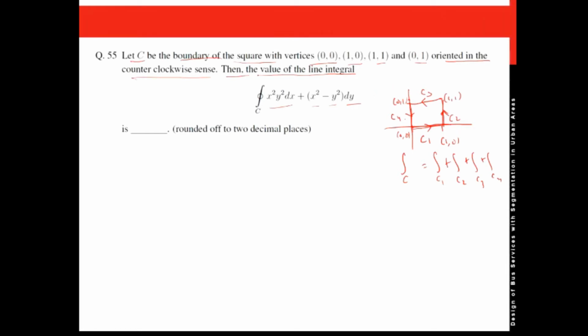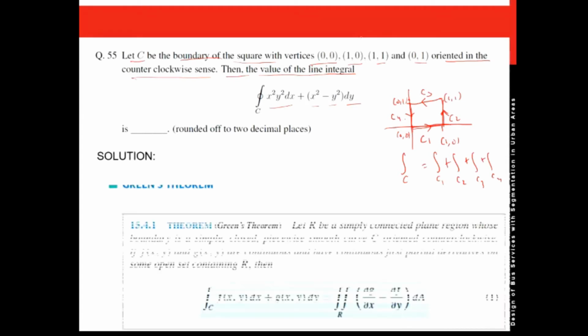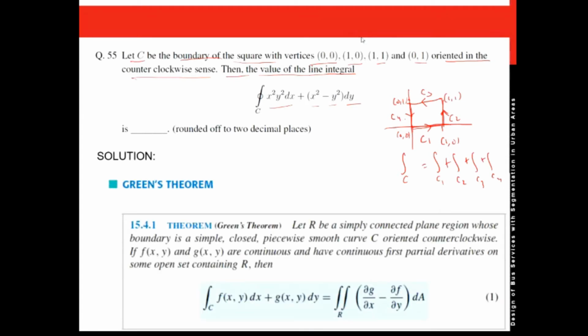So if you have a question like a line integral, you must always think about a theorem. The theorem is called Green's theorem. You might have heard about Green's theorem. Most of the line integral questions in IIT JAM can be done using Green's theorem.